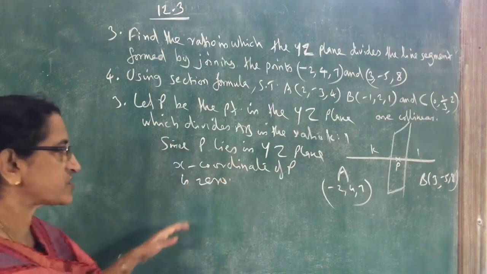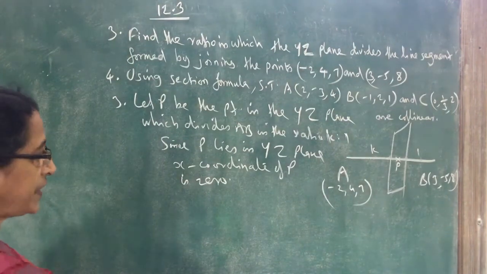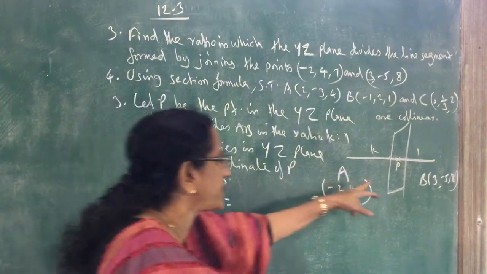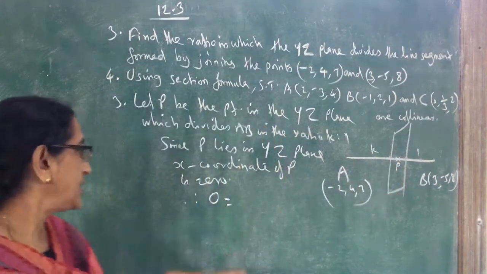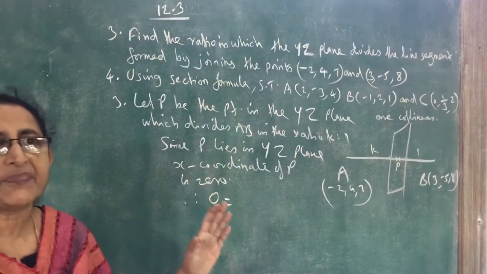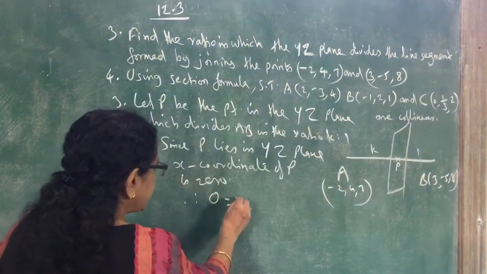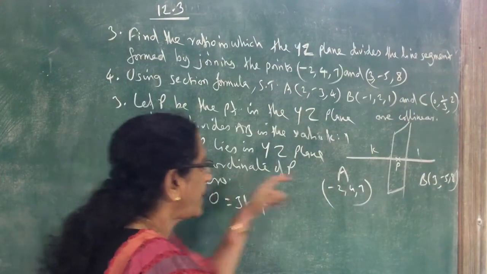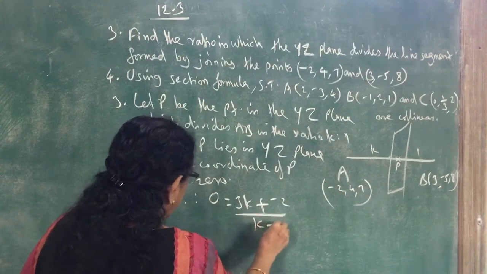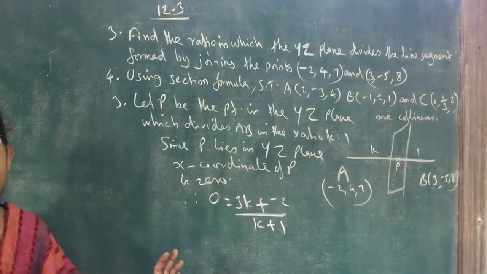Therefore 0 equals, now we can find the x coordinate of the point using the section formula, k into 3, that is 3k, plus 1 into this x coordinate, that is minus 2, divided by k plus 1. So only one coordinate is enough to find the ratio.